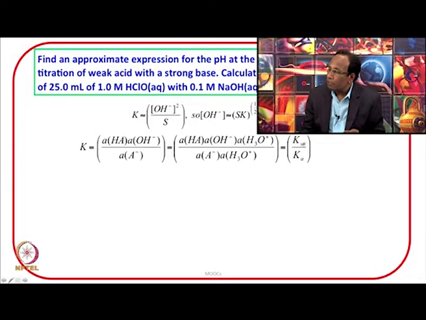This is equal to Kw by Ka, because this is Kw and Ka, the reciprocal of Ka is the activity of A into the activity of HA over the activity of A minus into the activity of H3O plus. These are the activities.